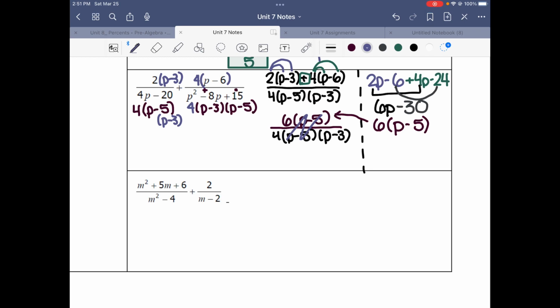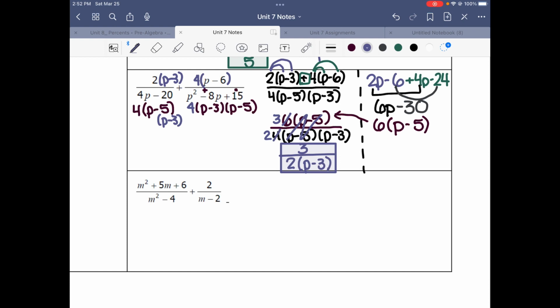And I can divide 6 and 4 out front by 2, which turns the 6 into 3 and the 4 into a 2. The only thing I have left on the top now is 3. And in the denominator, I have that 2 out front and the p minus 3 at the end. And that's it.